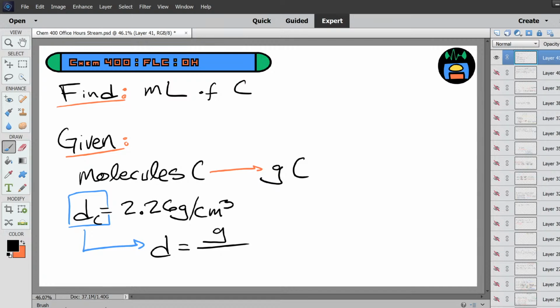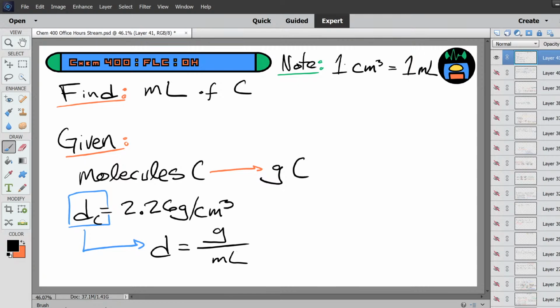Grams per milliliter even. Something you should note, and this may be part of where you're stuck, but cubic centimeters, often called cc's, is a volume unit, and it's equal to milliliters.